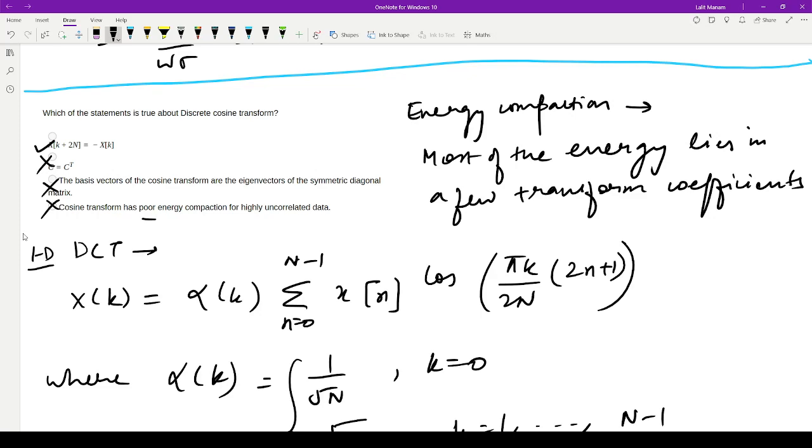What about DFT? Does it have energy compaction property? Are you sure? If you have seen the examples in the class, those figures of the log of the magnitude of Fourier transform, how do they look?